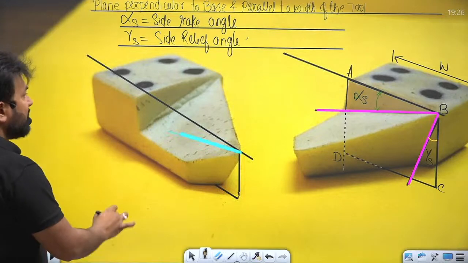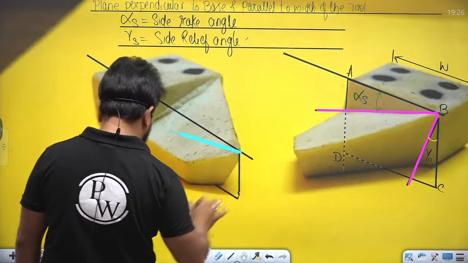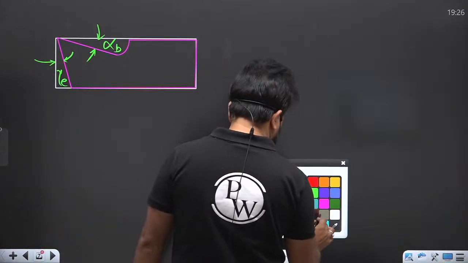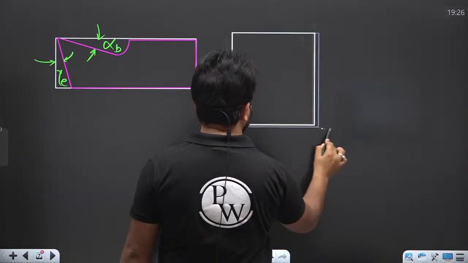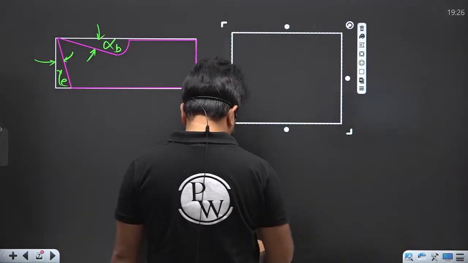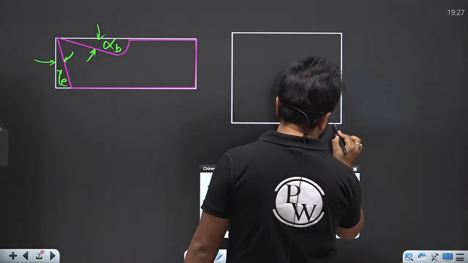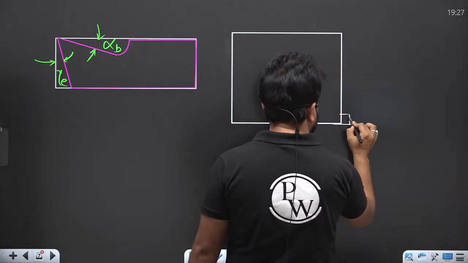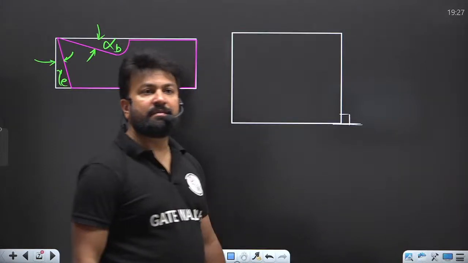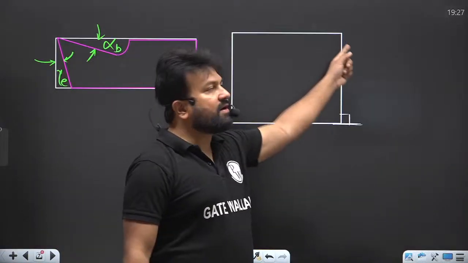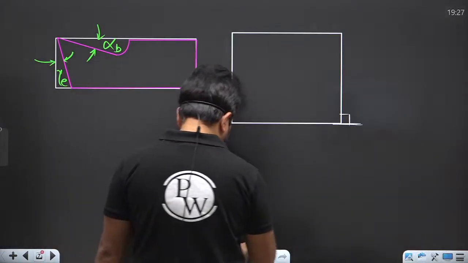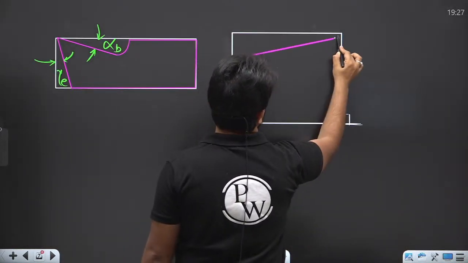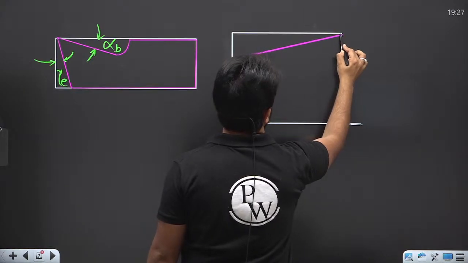So basically, if you draw, this projection will look like this. This plane is perpendicular to base and parallel to width of the tool. You have seen this projection.